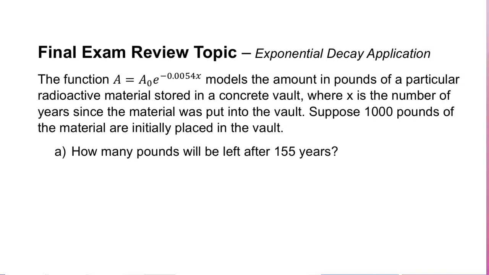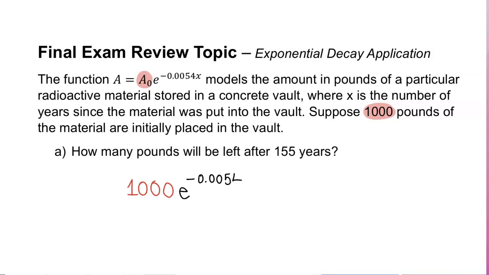So let's find the A value after 155 years. The initial value, A sub 0, they told us is 1,000 pounds. So we're going to start with 1,000 multiplied by e to the negative 0.0054.